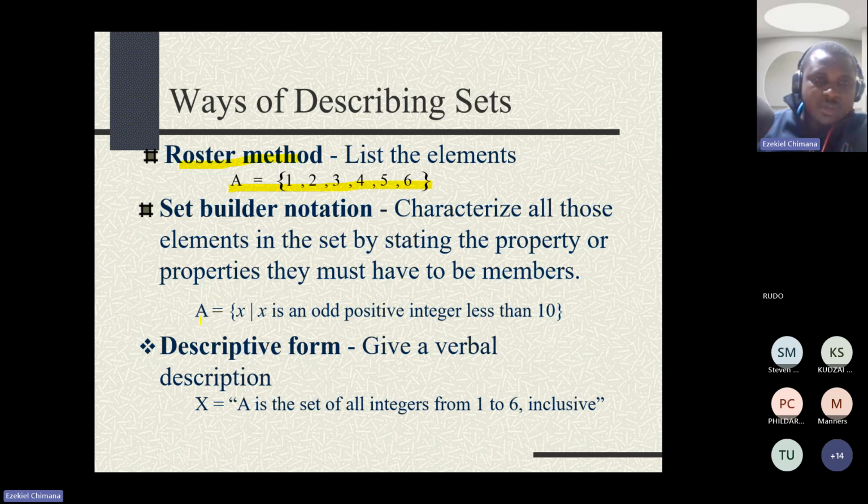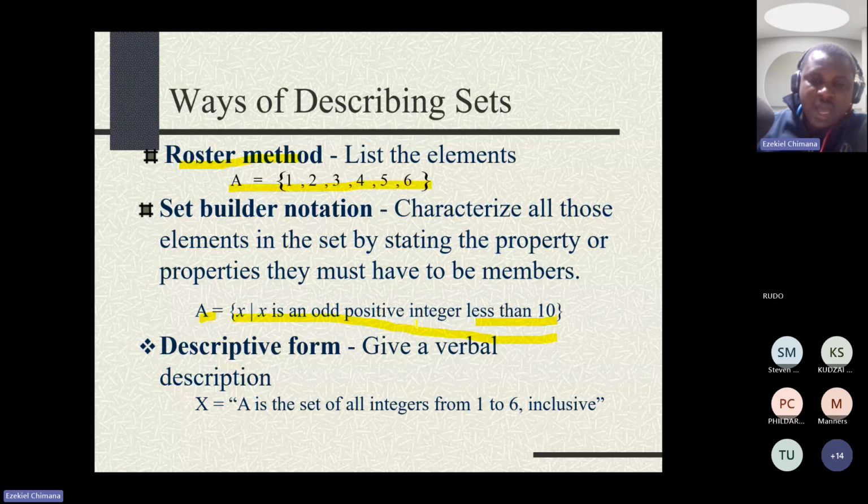So you can have A, and then you say that x is such that x is an odd positive integer less than 10. In other words, this set A is going to take all the odd positive integers which are less than 10, so you only want those odd positive integers in that range.